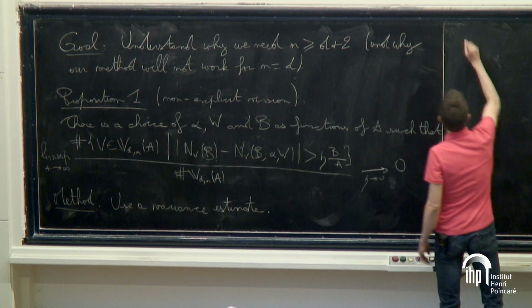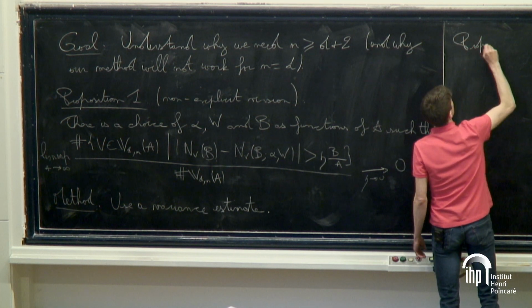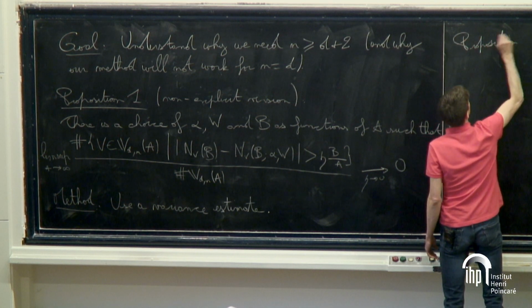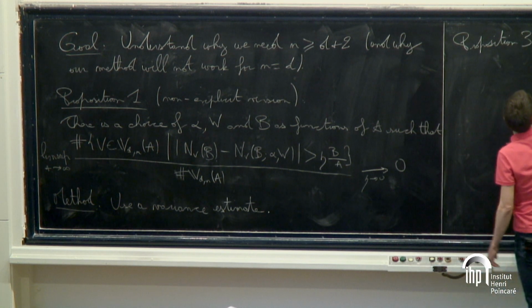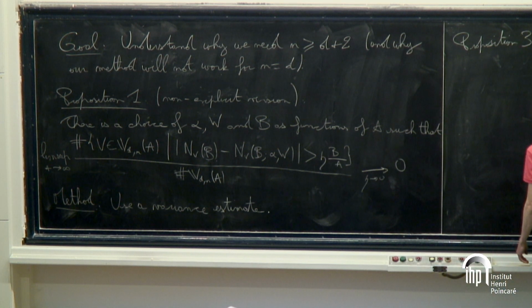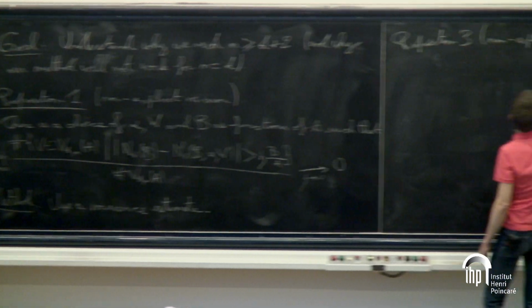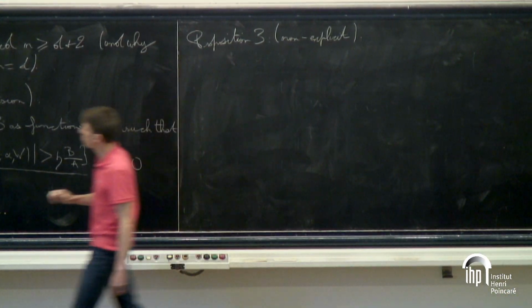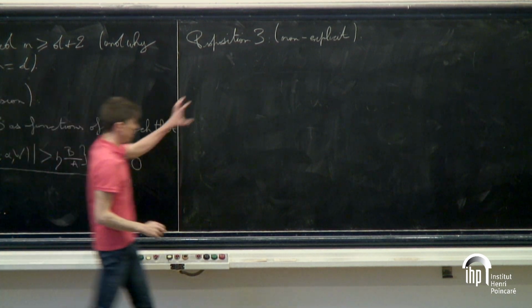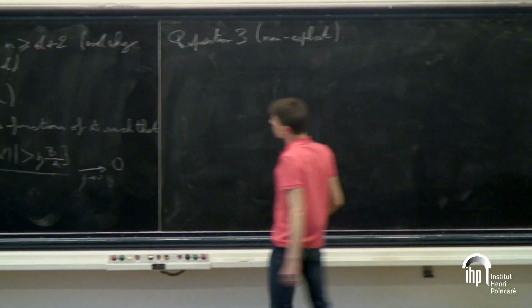I'm going to state a proposition 3, which is also non-explicit, and I'm going to prove that proposition 1 follows from what I'm going to state for the variance.